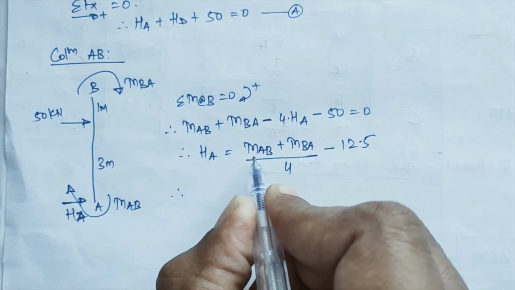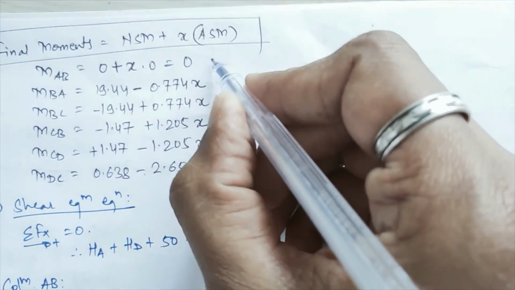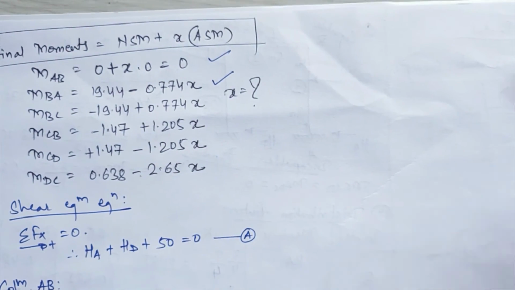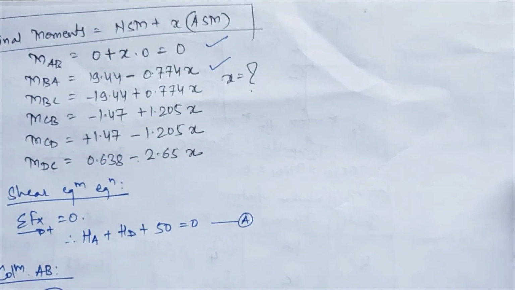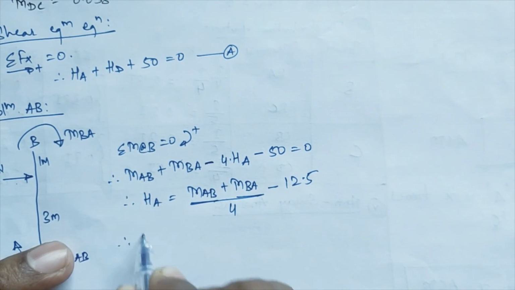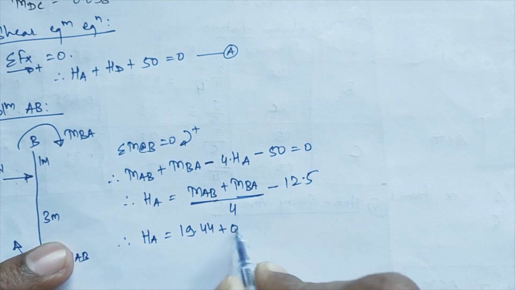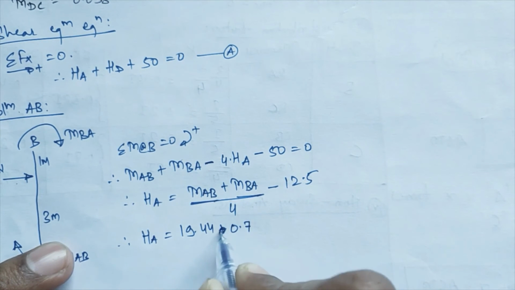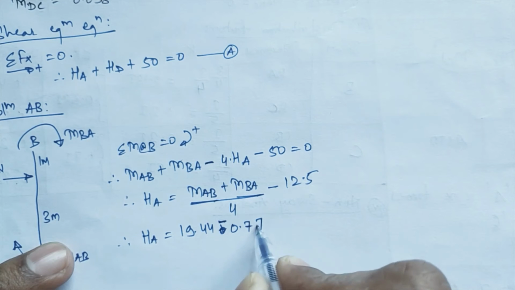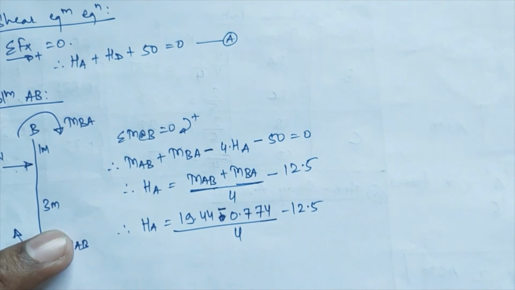Here I am having the equations of MAB and MBA. MAB is already 0, and MBA I am having the equation. So you substitute that equation over here. I get HA is equal to 19.44 plus 0.774 x divided by 4 minus 12.5.